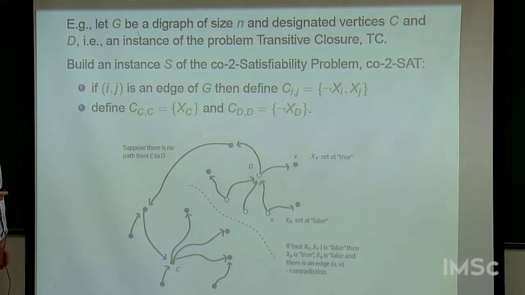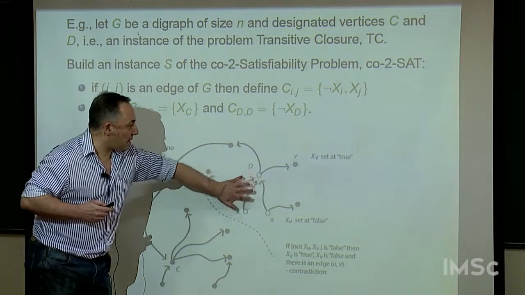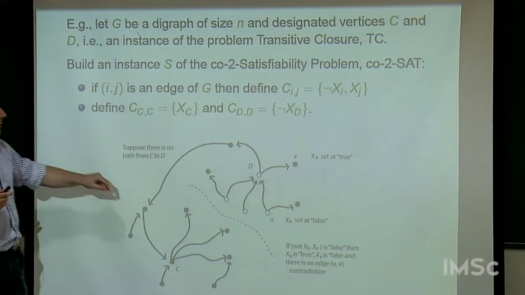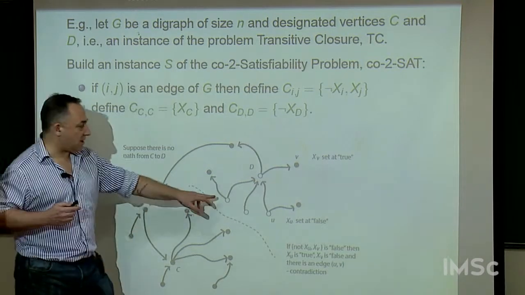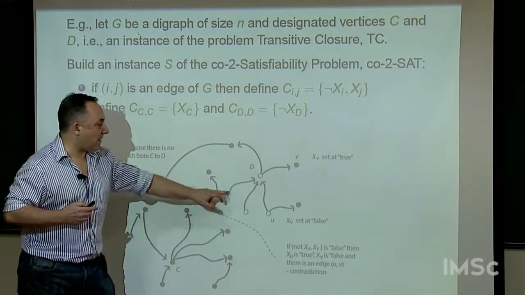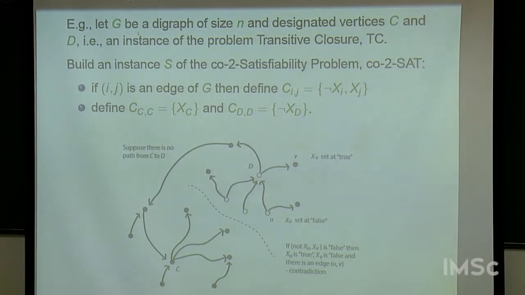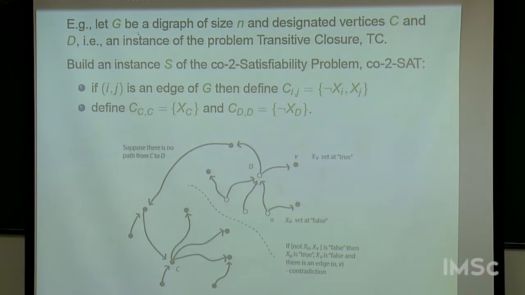Well, I just set all of the black Boolean variables to be true, and all of the white ones, that is, all of the vertices from which I can reach D via a path, I set to be false. It's not difficult to see that this is a satisfying truth assignment for my instance of satisfiability. It all makes sense and it's well defined.